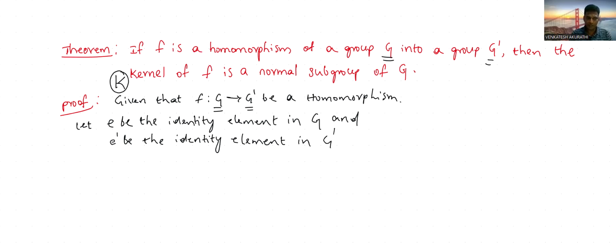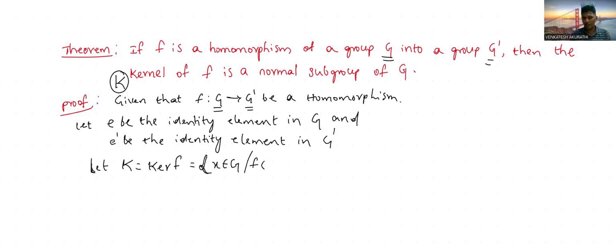According to the kernel definition, take one set capital K equal to ker F. The definition is: take any element X belonging to capital G such that F of X is equal to E dash.